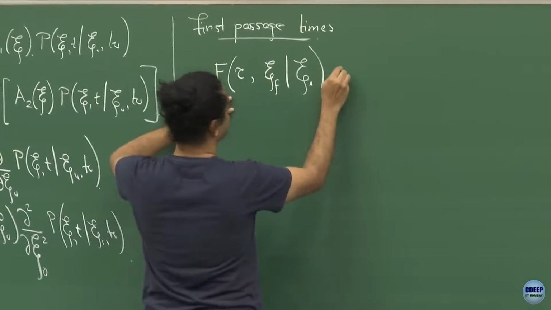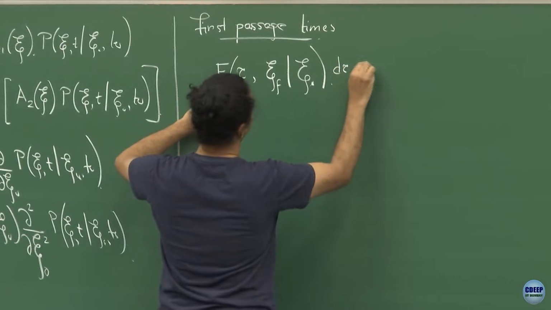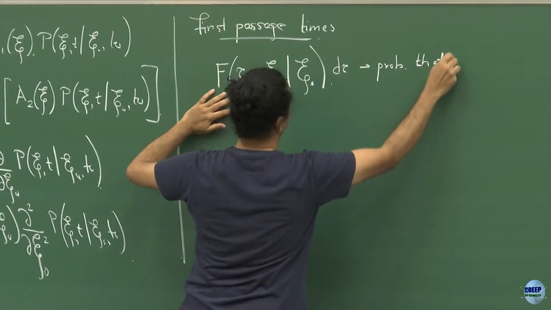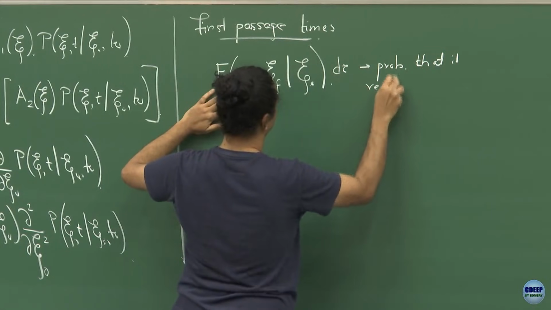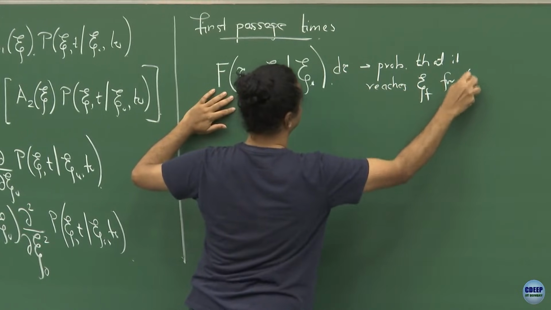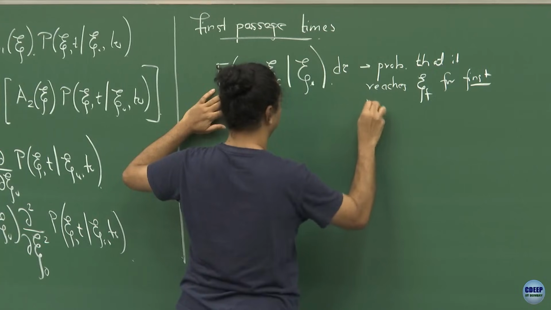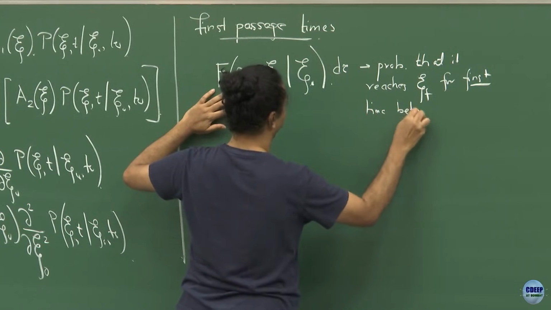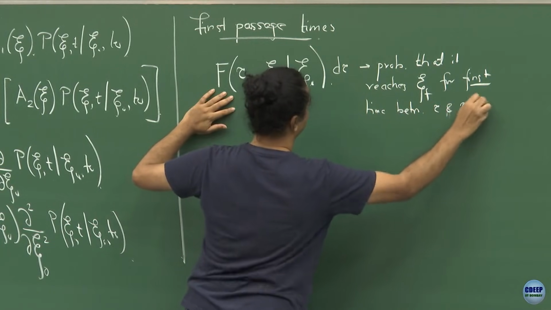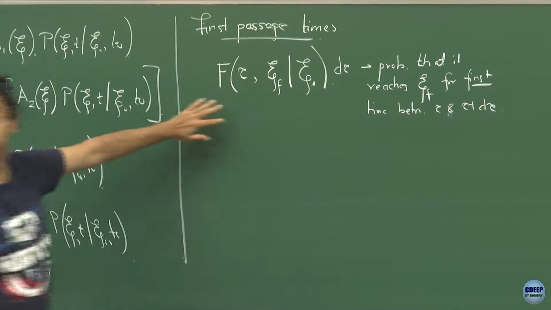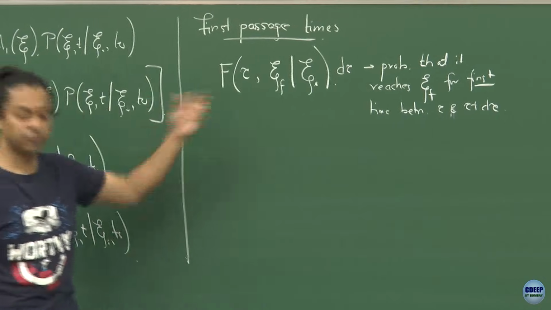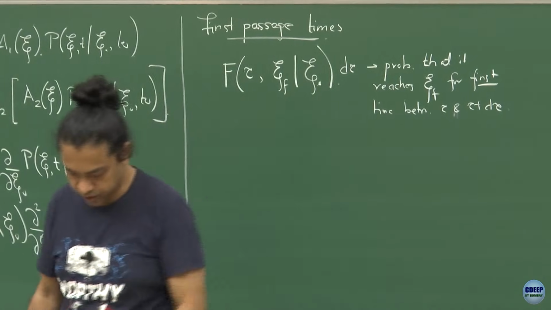The interpretation is that f of tau d tau is the probability that it reaches psi f for the first time between tau and tau plus d tau. So that's my interpretation of the probability density for first passage times f of tau, and that's what we'll try to work out today.